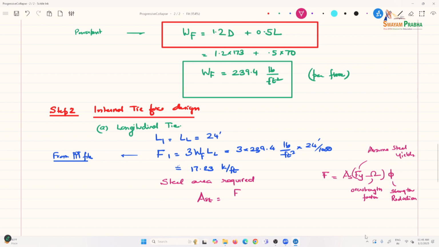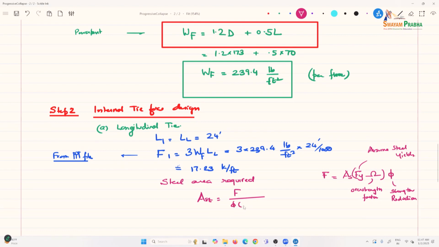In steel itself, the overstrength is restricted to about 18 KSI. So, if your strength of steel is 50 KSI or 60 KSI in this case, you can't have actual strength when you test it to be over 78 KSI.